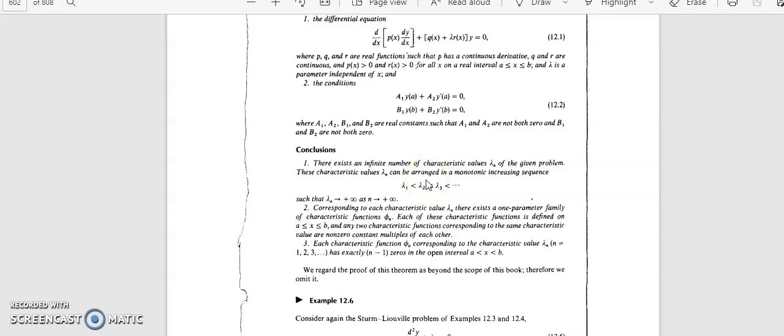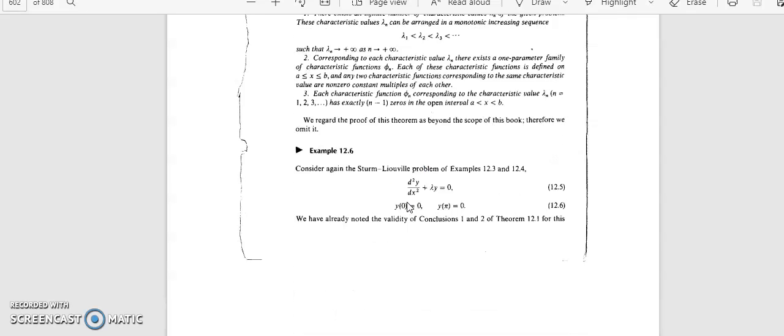The lambda values will be monotonically increasing, and they diverge to infinity as n approaches infinity. Then you are getting the characteristic function as a one parameter family of curves, and when we look at the zeros of the characteristic function in the interval a less than x less than b, there will be precisely n minus 1 zeros. So those are the different conclusions we obtained from the Sturm-Liouville problem.